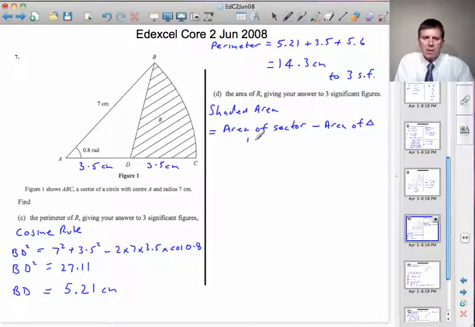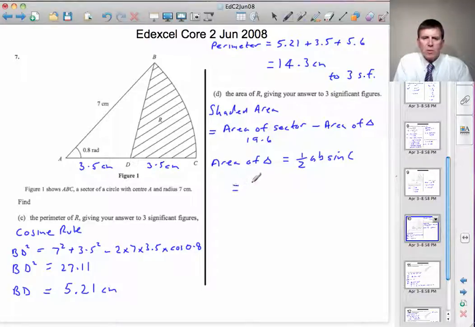Now the area of the sector was 19.6 centimetres squared, which we found in part 2 of the question. So now let's find the area of this triangle. And to do that, I'm going to say area of triangle is equal to a half ab sine C. And the significance of that formula is it's a half one side times another side times the sine of the angle in between them.